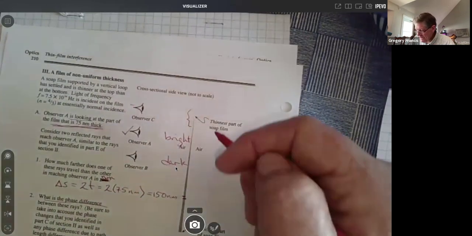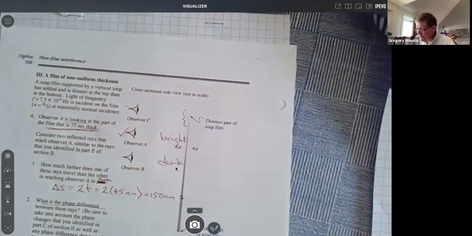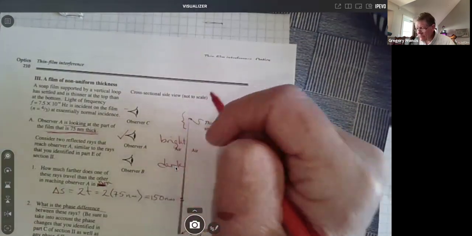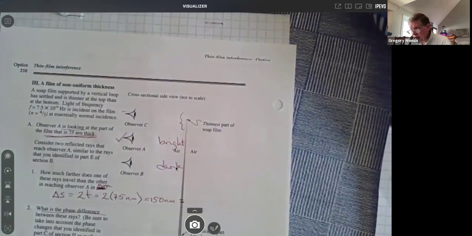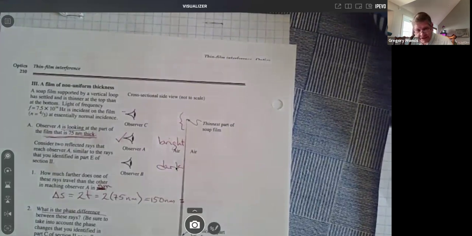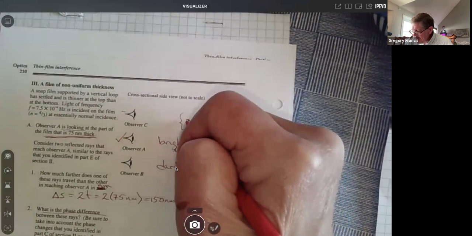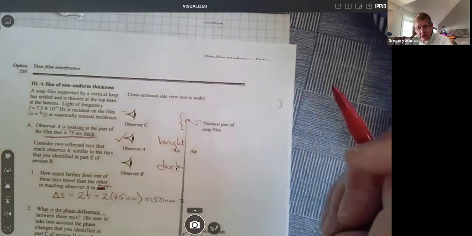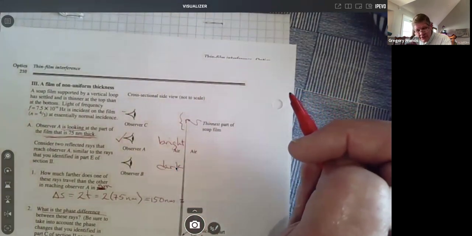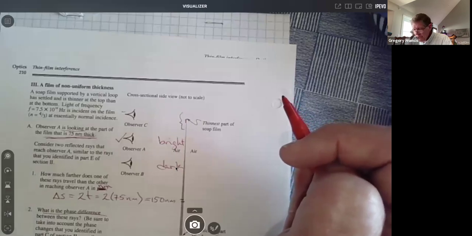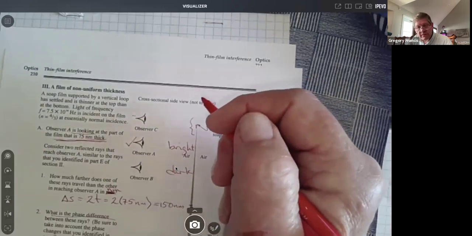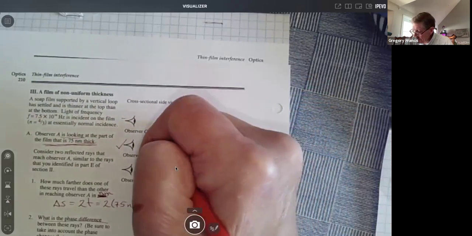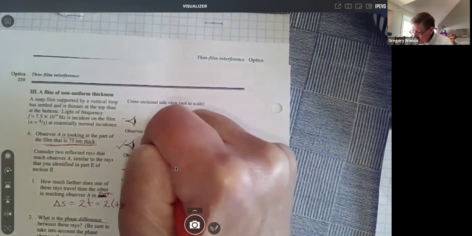In that area, if we go all the way to the end where we have virtually zero thickness, at that point we don't have a path length difference. Delta S is zero, but we still have that inversion on the front surface and no inversion on the back surface. So there's still going to be a phase difference of 1/2 wavelength in the soap. And so this is going to be a dark region.